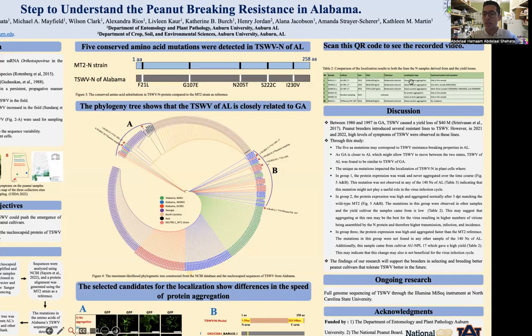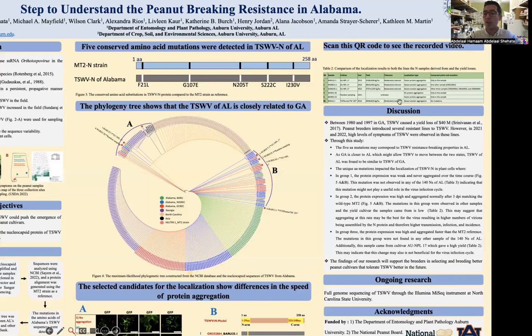Also, with the faster aggregation, the plant still gave a very high yield, which means even if the virus is aggregating or moving faster in the plant cell, it doesn't help the virus. But in the second category, which is slower aggregation, you see a very low yield, which means when the virus was aggregating slower or normal, it gave a very low yield, which means the virus was very successful in this category.